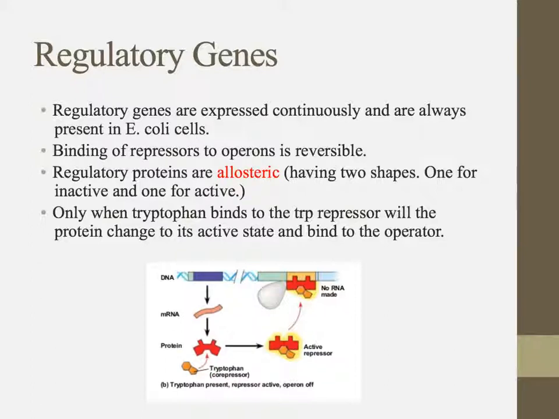Those regulatory proteins are called allosteric, having two shapes, one inactive and one active. Only when tryptophan binds with the TRP repressor will the protein change to its active state and bind to the operator, because before it had a low affinity for the operator, and once it attaches it has a high affinity and wants to really attach to that operator.